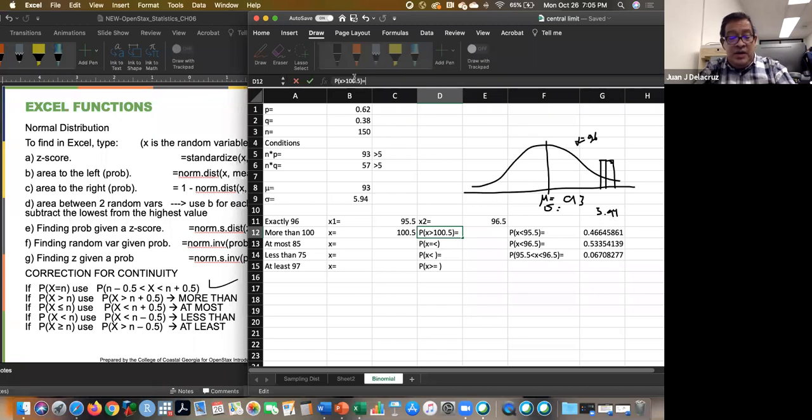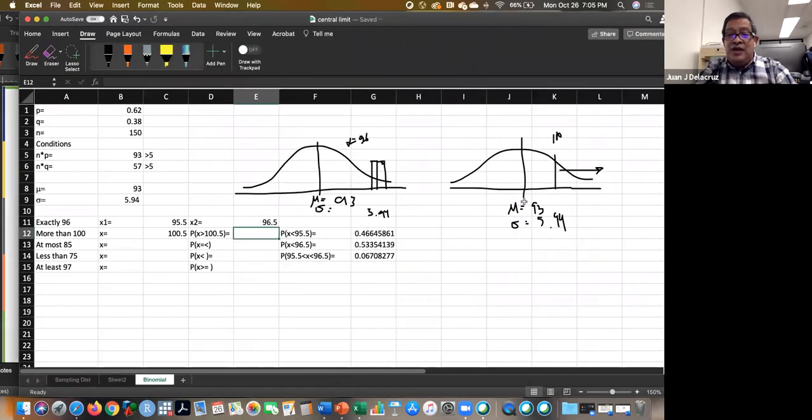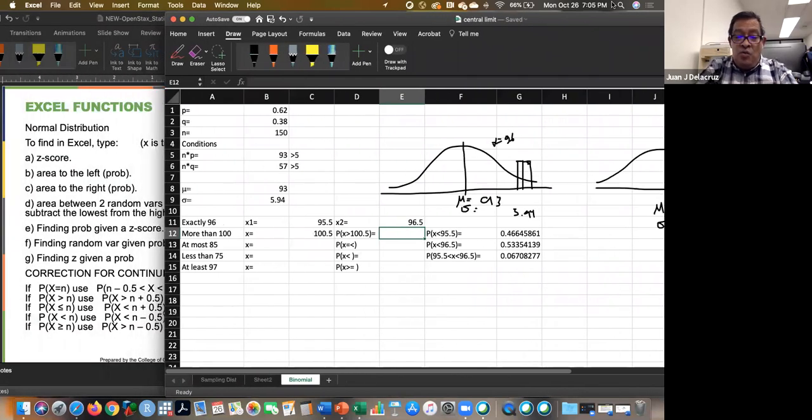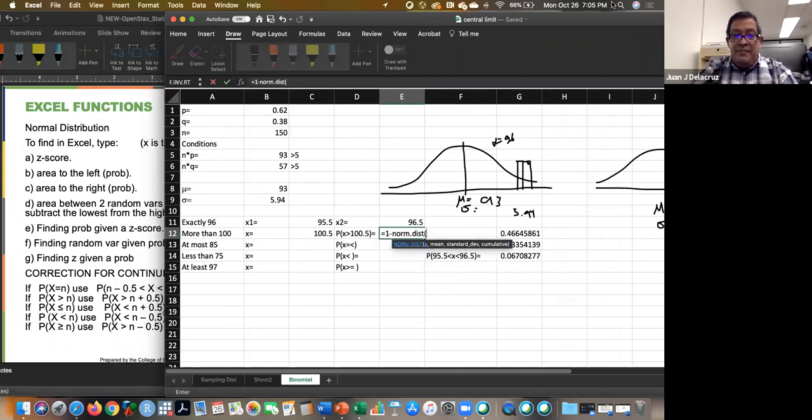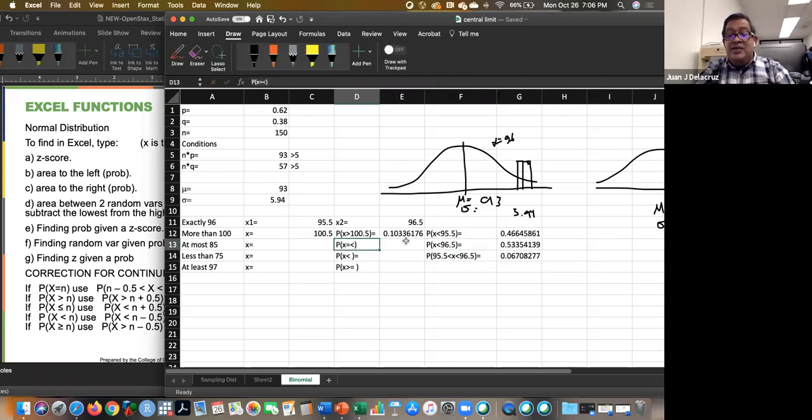Because we are using the area to the right, and this is gonna give me the area to the left, what I'm gonna do is equal 1 minus norm.dist. I'm gonna use the 100.5 as the x. The mean is gonna be 93, which is this number that we computed here. Then I'm gonna use 5.94 as my standard deviation, and then true, right? So that is the area to the right.